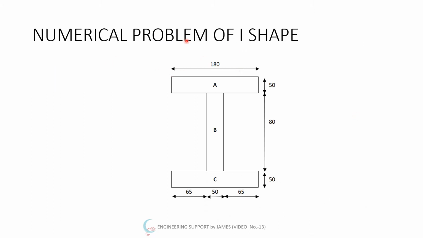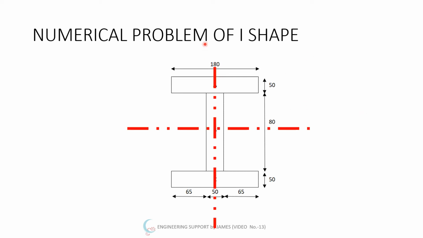So I'm considering this I section having three segments. A is 180 by 50, another one B is 80 by 50, and C is 180 by 50. Means the overall dimension will be 180 by 180.